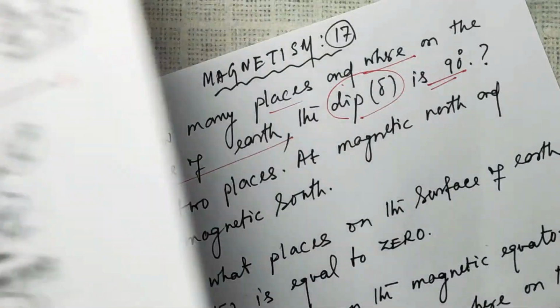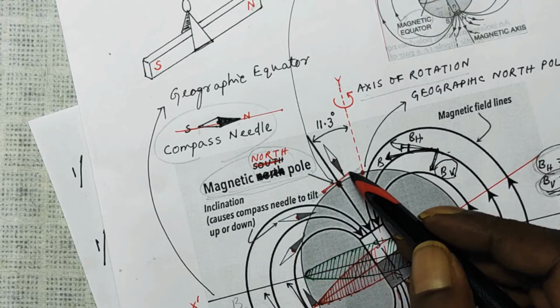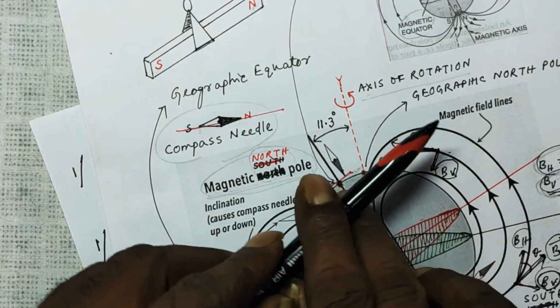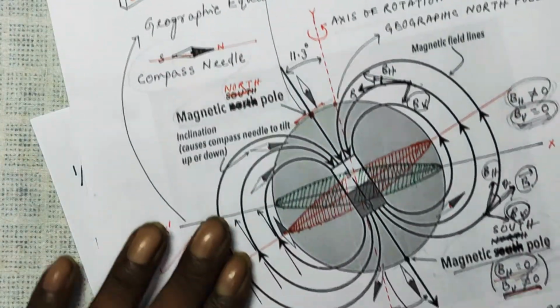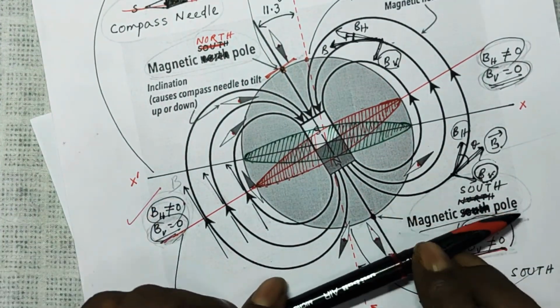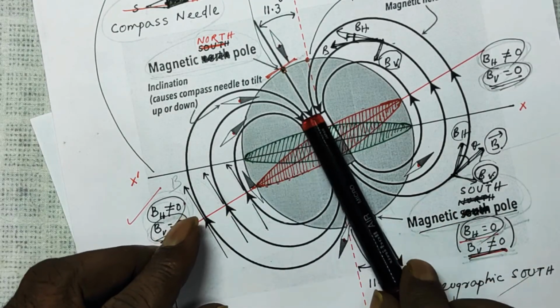That angle was called your dip angle. Here from the horizontal position, this needle has dipped by 90 degrees. Similarly here, the south pole of the needle has dipped by 90 degrees.